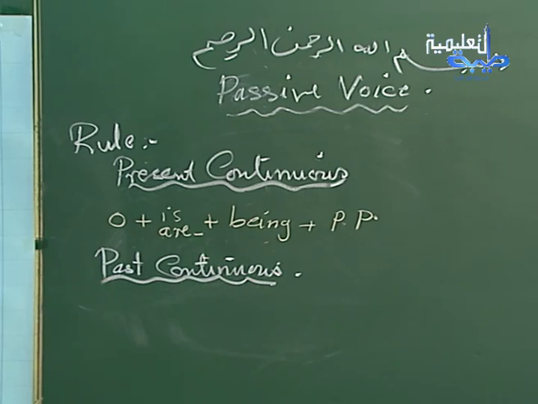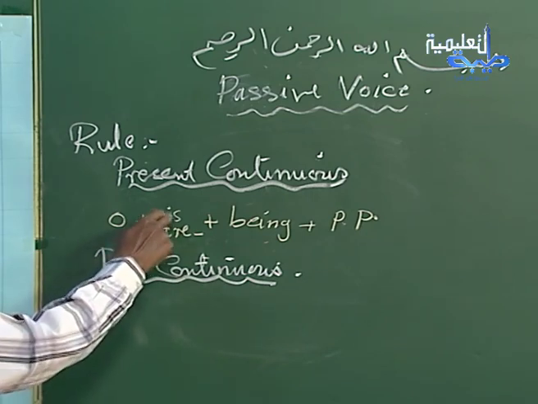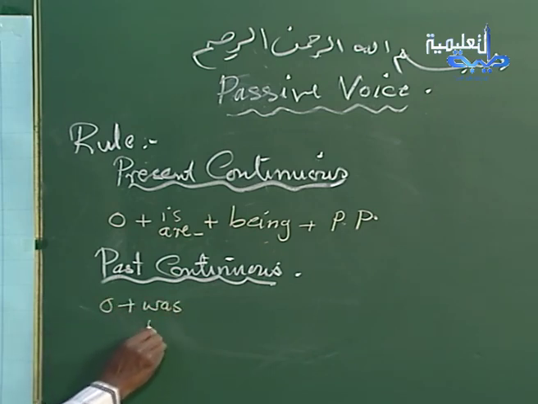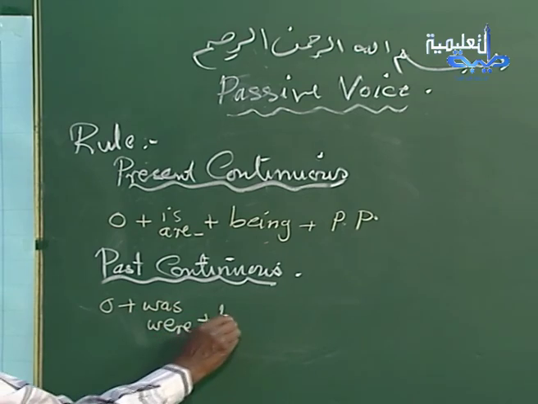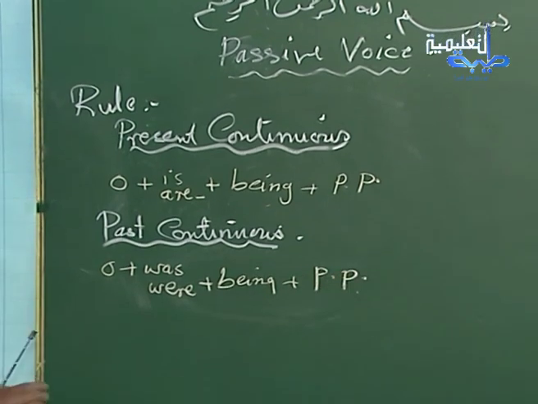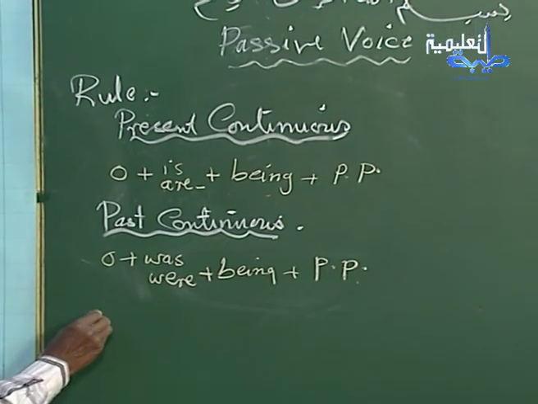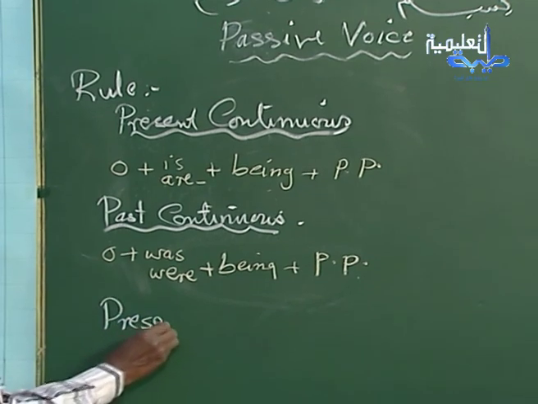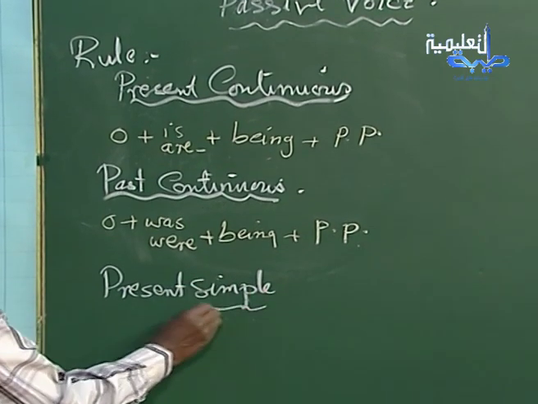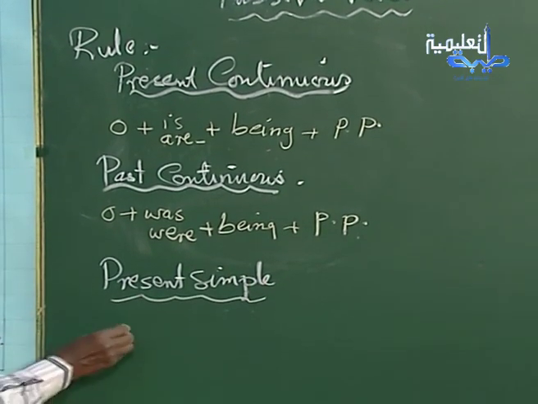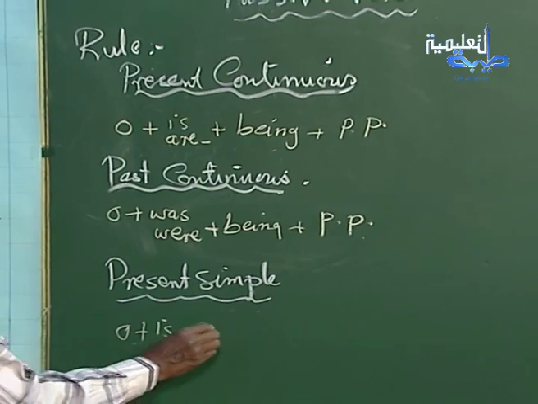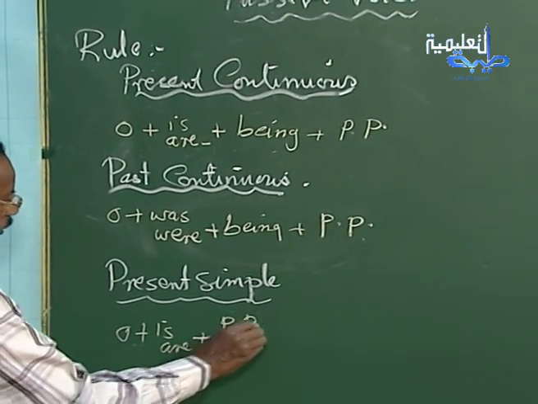For the past continuous, the same thing, the only thing I am going to change is is to was and are to were. Object plus was or were plus being plus past participle. For present simple, object plus is or are plus past participle.